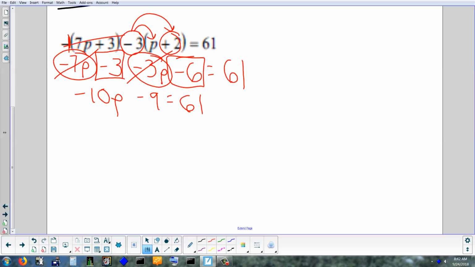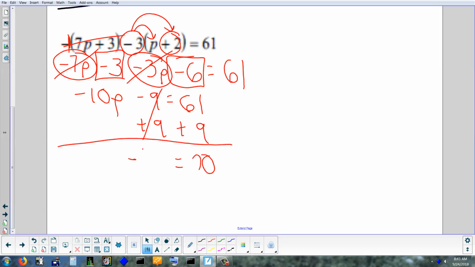Melanie, what's the first of those 2 steps? Add 9. Cancels out. 61 plus 9 is what, Melanie? 70. On the left-hand side, what's left? Anybody?